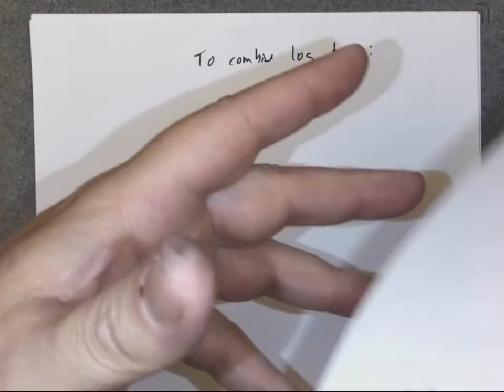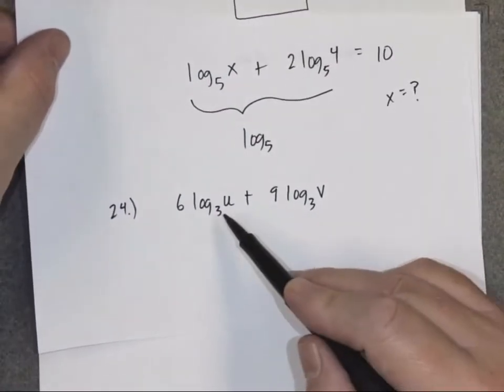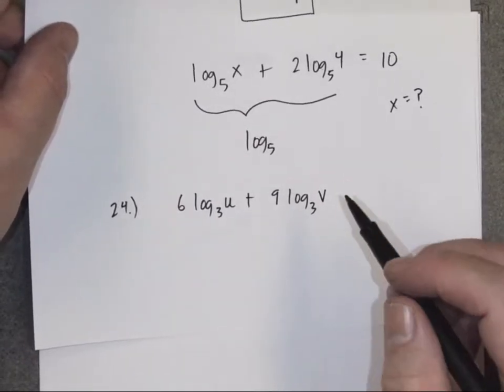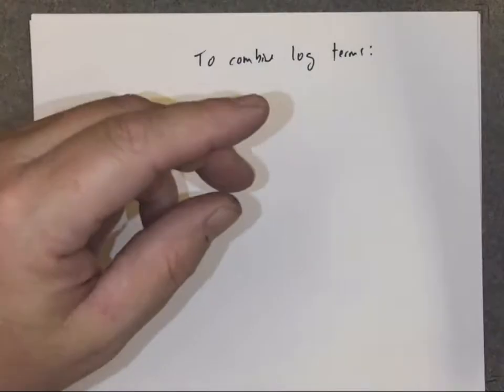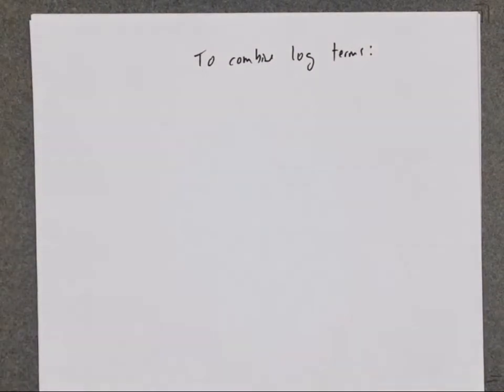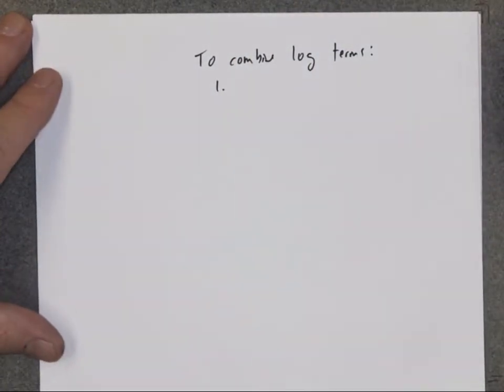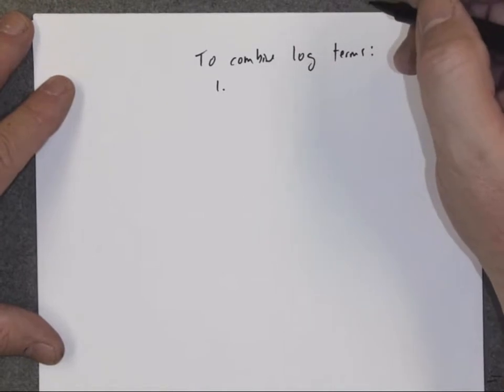In this example, we're adding two log terms, but we could also subtract log terms, and we can also combine those into one. So whether we're adding or subtracting log terms, we can always combine them.